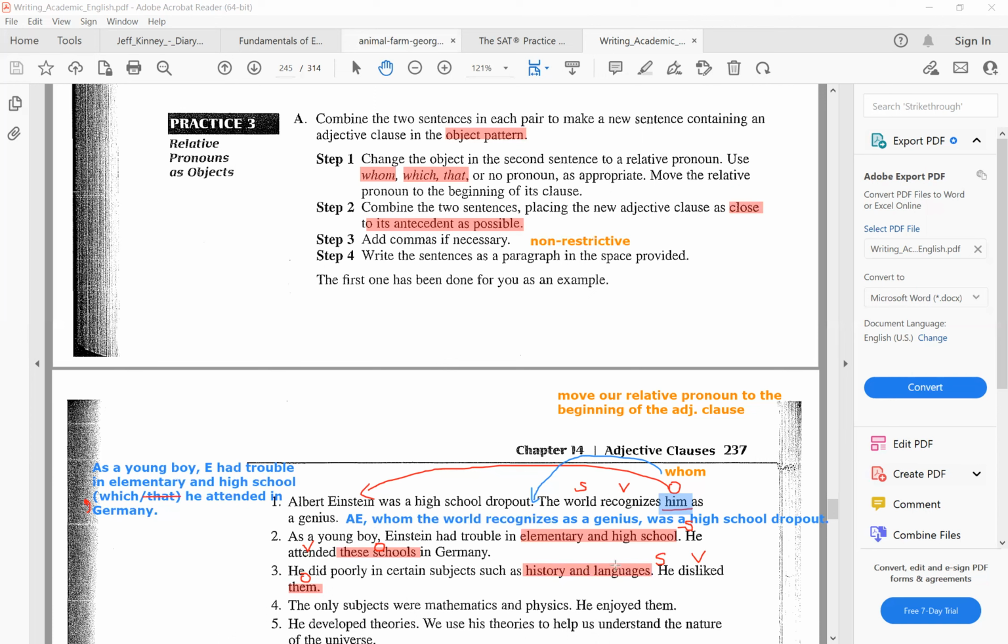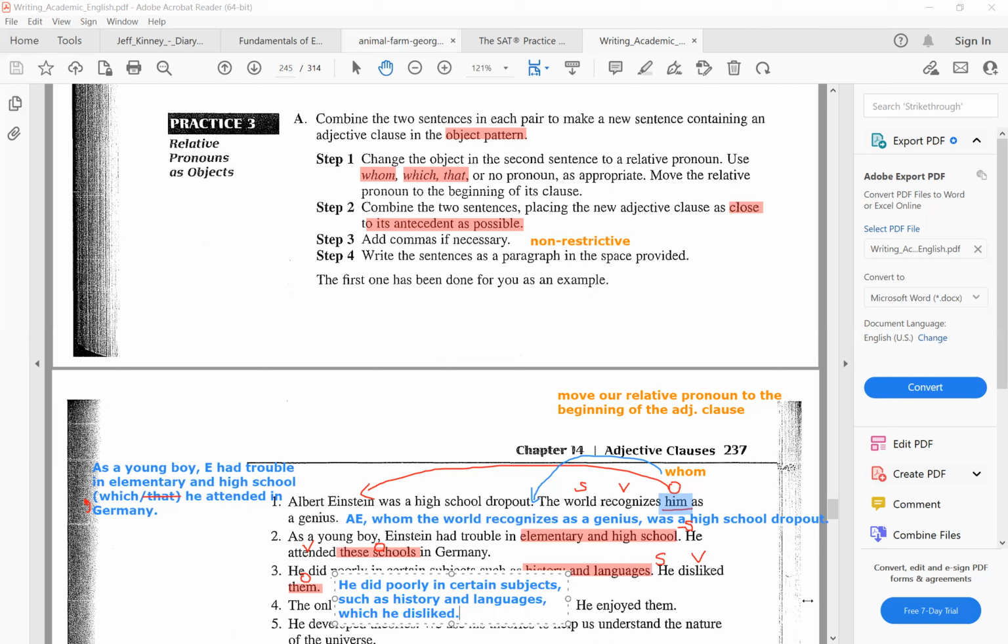So we need to use which or that. Which or that he disliked. So if we type out the sentence, he did poorly in certain subjects, such as history and languages. In this case, even without the adjective clause, I know what subjects you're talking about. So I'm going to use which he disliked.